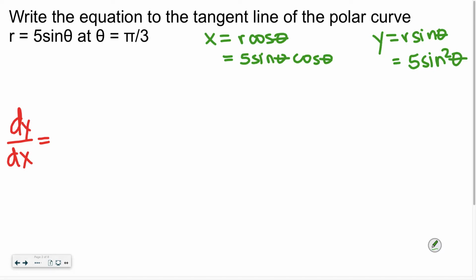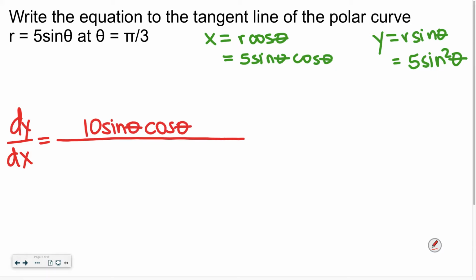So now our derivative dy d theta. Product rule. Chain rule. Well, hey, what's the chain rule?